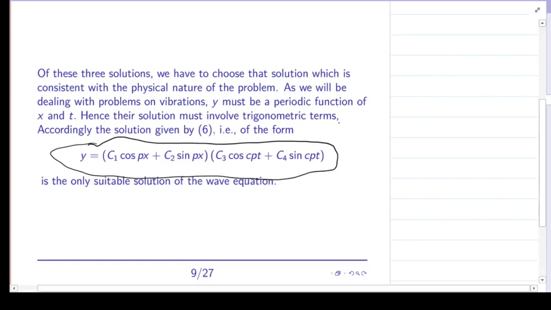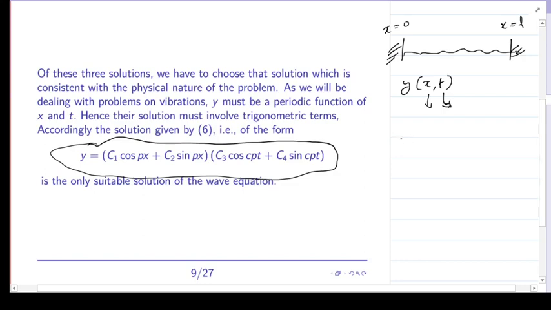Now since we have a string which is vibrating, and we are trying to measure the deflection or displacement of the string, y(x,t), where x is the position along the string and t is the time, we can have different conditions when x = 0 and x = L, the length of the string.